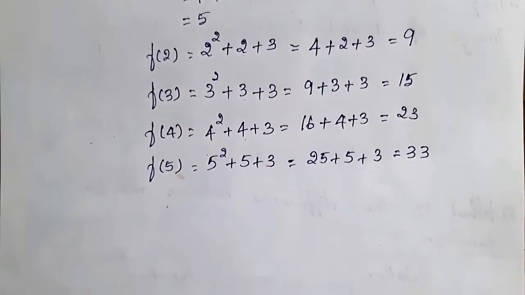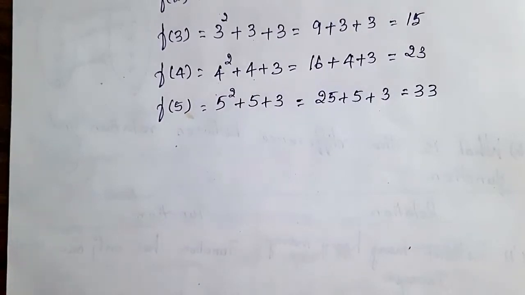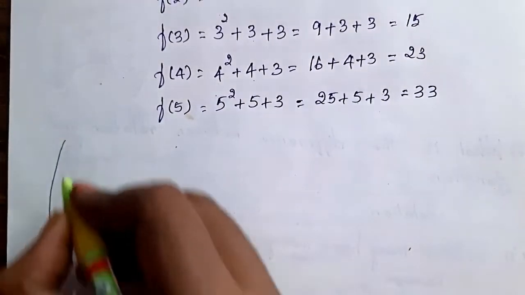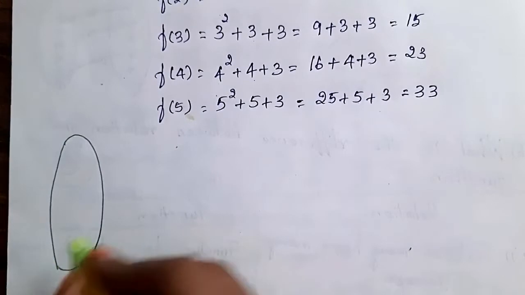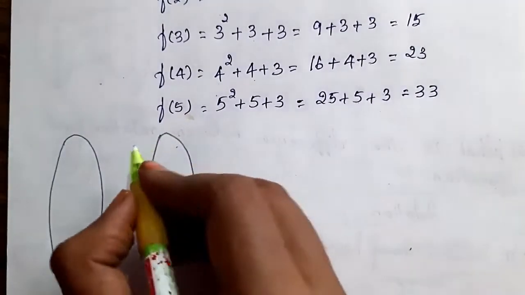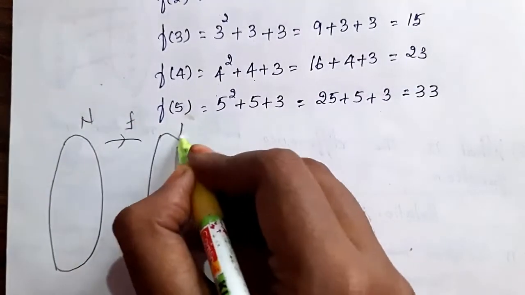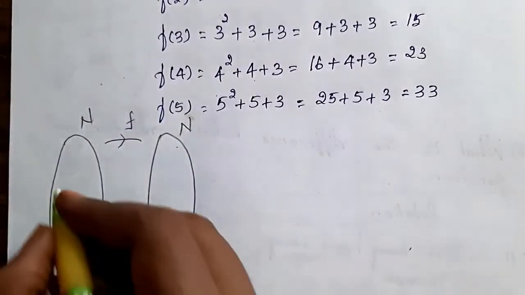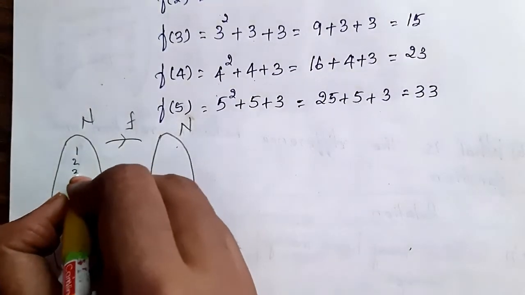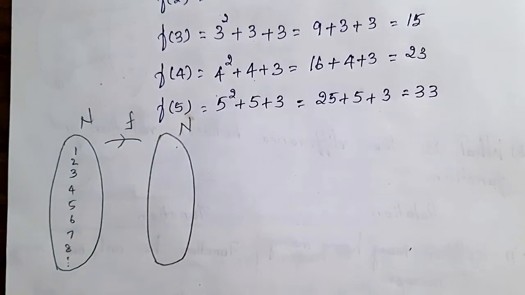Next we can draw the arrow diagram using these values. Okay, so I am drawing that now. Our function f is from N to N. So the values of N are 1, 2, 3, 4, 5, 6, 7, 8, etc. Here also the same.